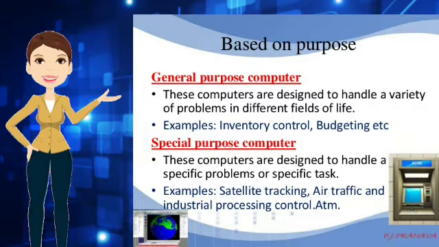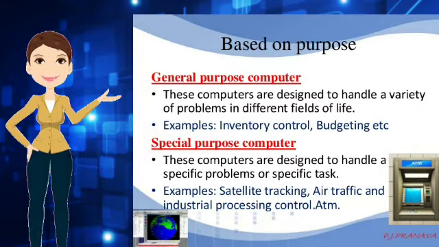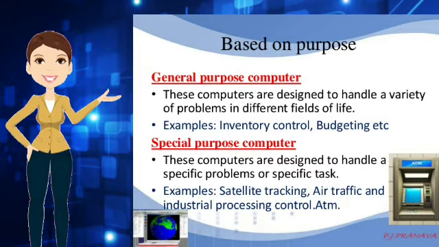Next, special purpose computers are designed to perform a specific task. The instructions to carry out the task are permanently stored in the machine. Such computers are not varied. They can only perform the task they are designed to do, again and again.